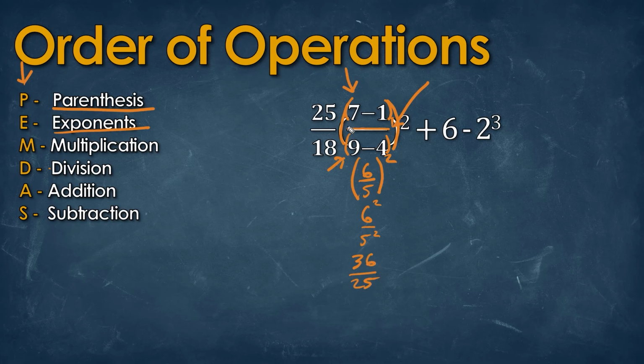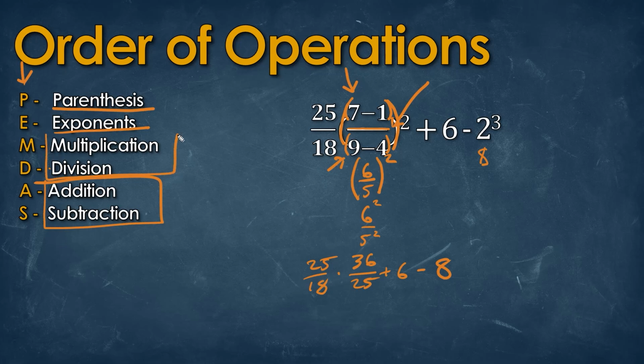But if we remember, we actually have another exponent right here. So that's going to be 2 raised to the 3rd power, which means 2 times 2 times 2, which is going to give us 8. So now with all that information, let's try to add this all up. So we're going to have 25 over 18 plus 6 minus 8. Now that we've done exponents, we can do multiplication. Just like we said for addition and subtraction, you can do them together.